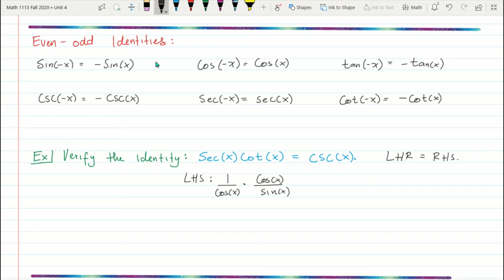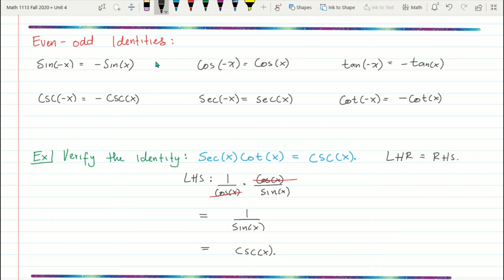And if you notice here, we have two things that are multiplying to each other, and their diagonals are equal to one another, meaning cosines cancel out. And then I have 1 over sine of x, which in turn is the same thing as cosecant of x.